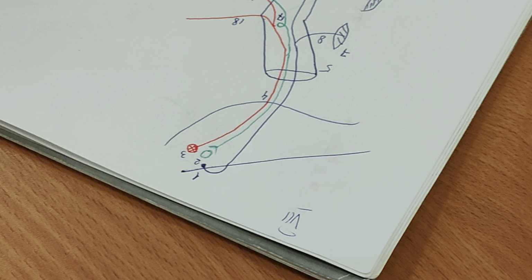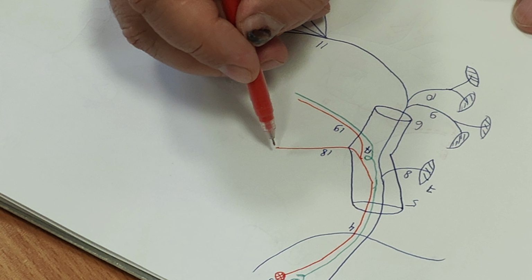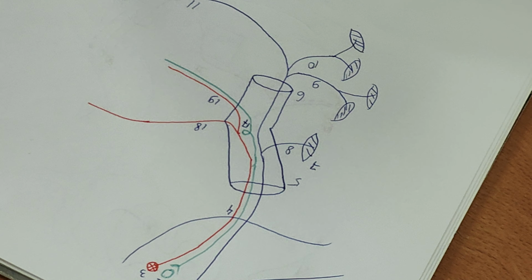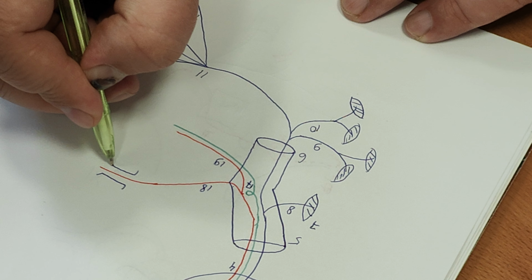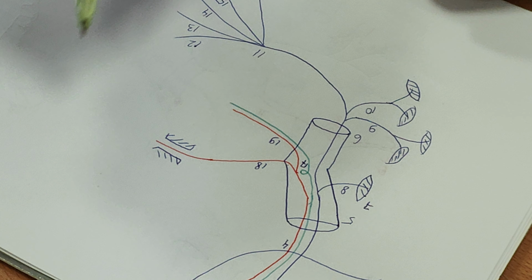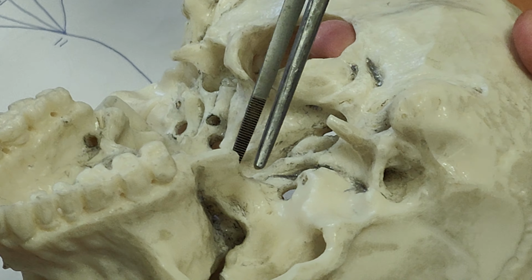Now, the greater petrosal nerve, nervus petrosus major, goes into the canal. It is the pterygoid canal, canalis pterygoideus. Maybe you remember where this canal opens.